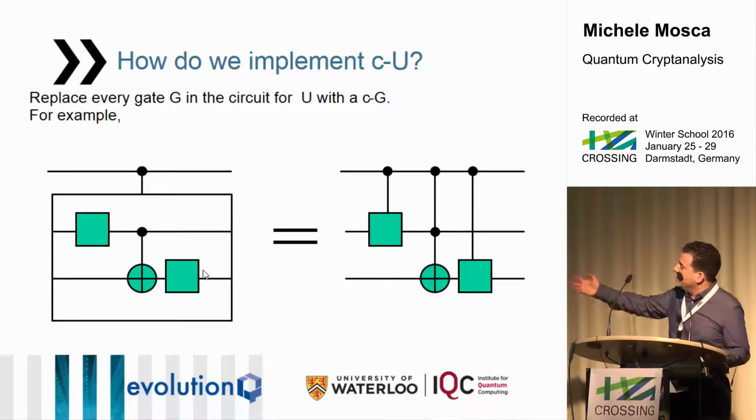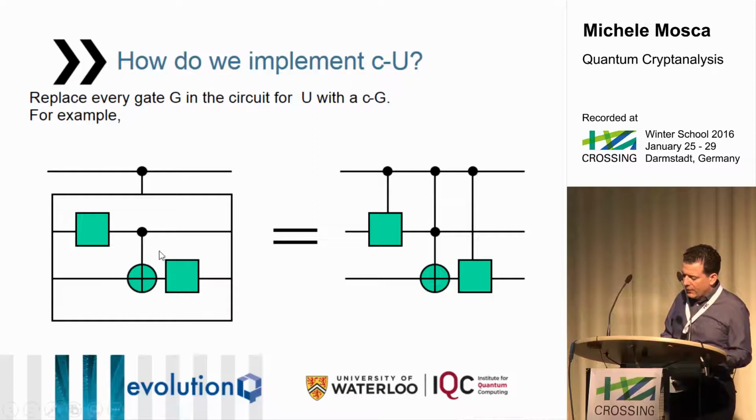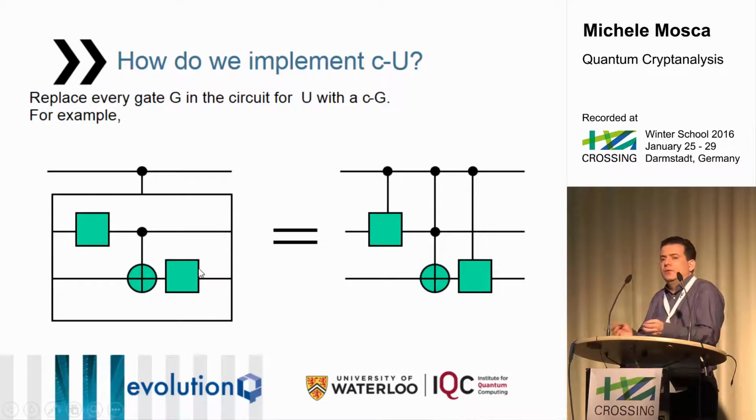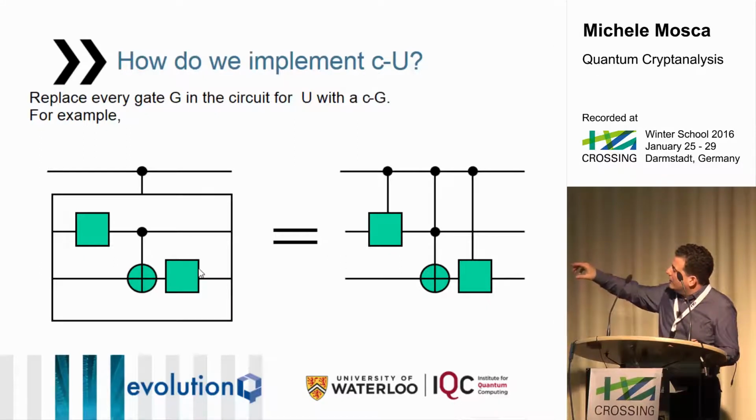Let's say U is made up of some circuit. You have to break U up into some circuit of small gates that we know how to implement. The way you would implement a controlled U is, let's say it's gates G1, G2, G3, you do a controlled G1, a controlled G2, and a controlled G3.